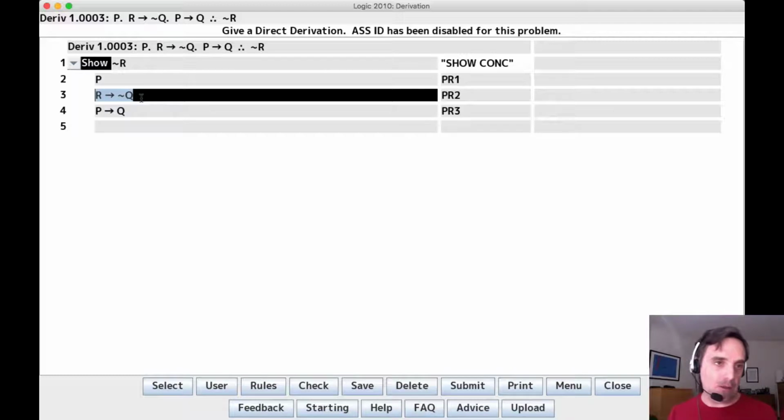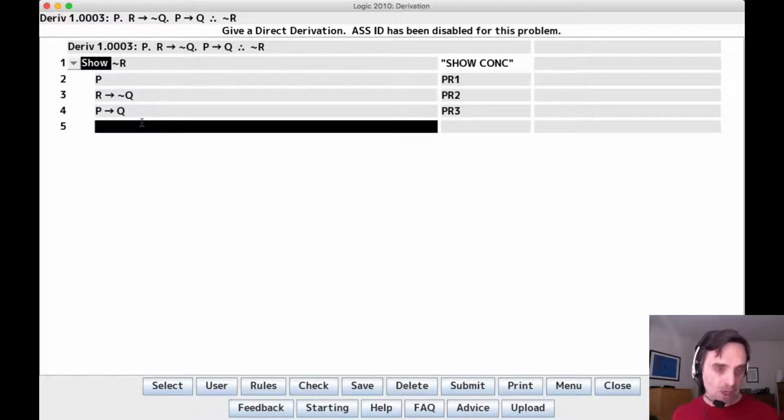So we look at the conditional again. We ask, can we do modus tollens? And to do modus tollens, we need the negation of the consequent on a line. The consequent is not Q, so the negation of the consequent is not Q. So we want to see, do we have not Q on any of our lines? Nope.